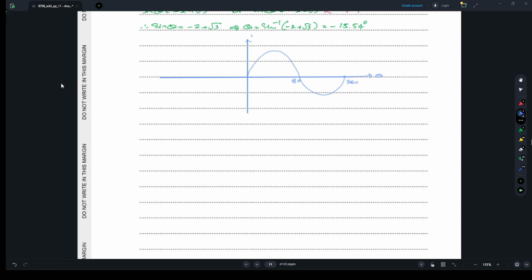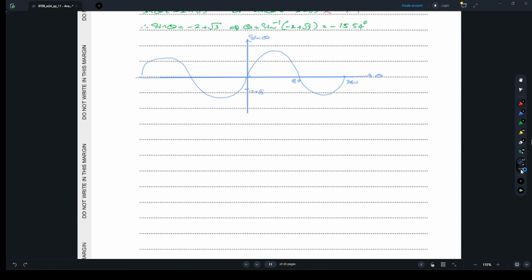This is theta, this is sine theta. And also the negative side here, but we don't care about that one. Now we have a negative value, which is minus 2 plus root 3. So that is the line.